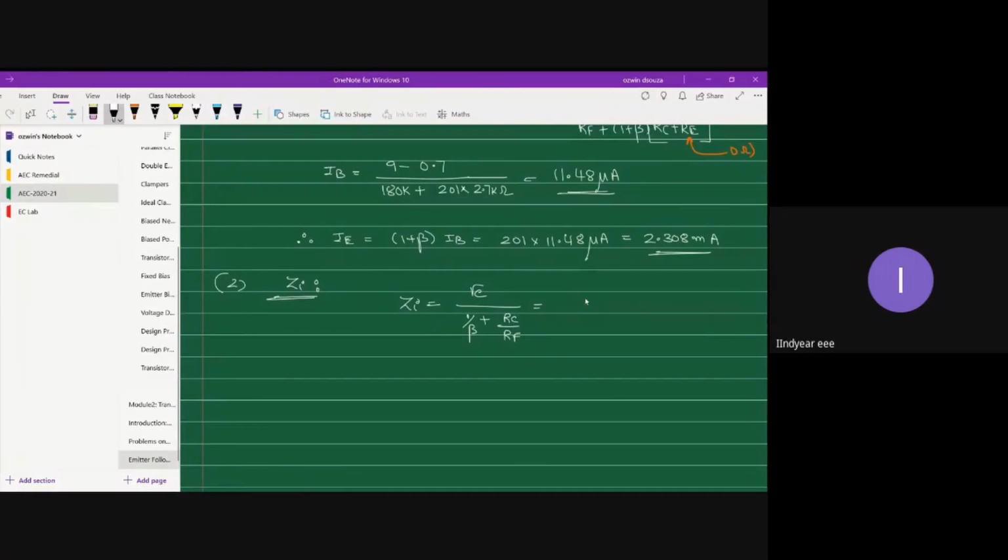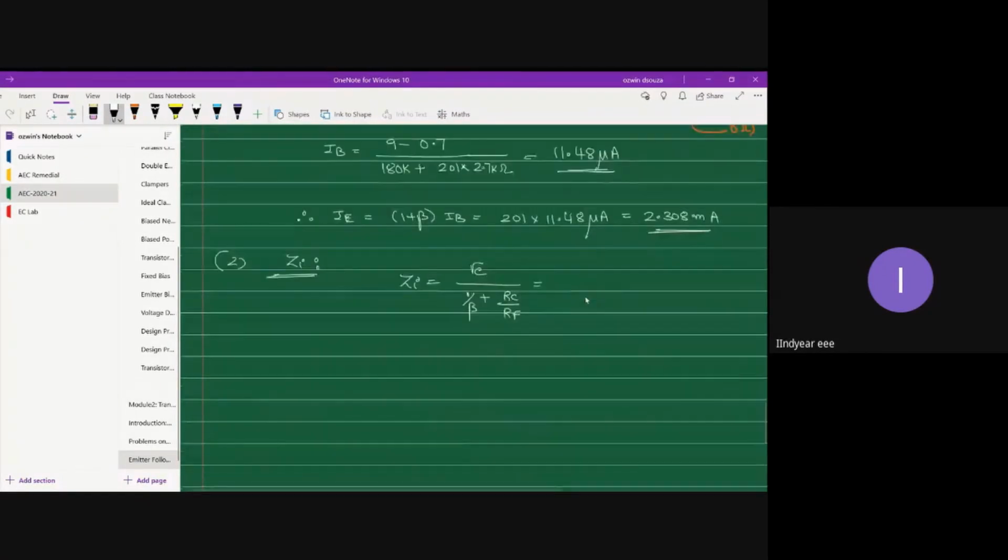So that is 11.26 divided by 1 by 200 plus 2.7K divided by 180K.